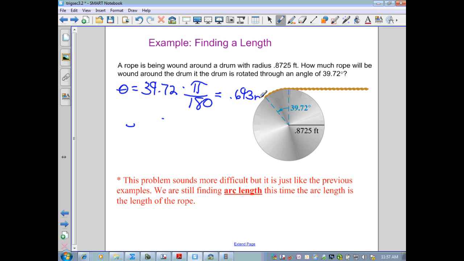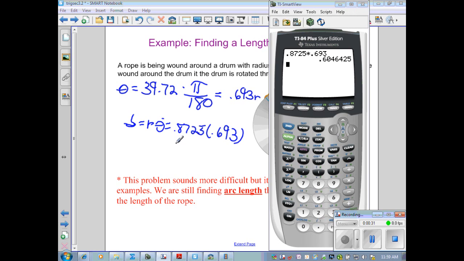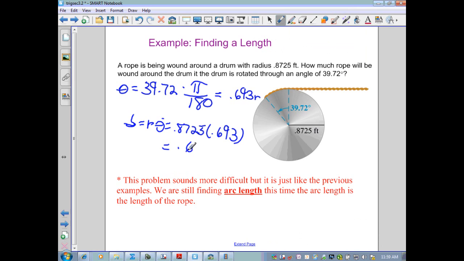Now all I need to do is substitute that into my formula of s equals r theta. r is going to equal 0.8725 feet times 0.693 radians. When I substitute that expression into the calculator, I'm going to get 0.6046 feet for the arc length.